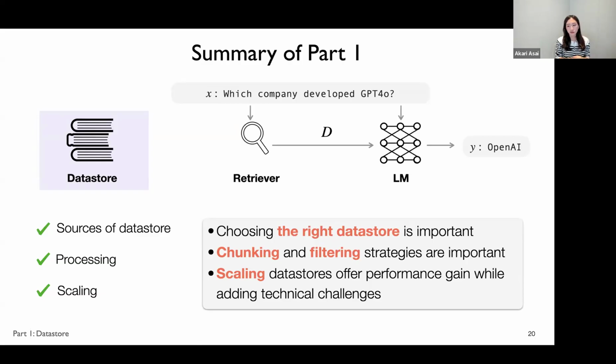But we still don't have a really good retrieval model that can bridge multimodal data. So given a text query, it can retrieve both text documents and image-type data, or given an image, find a text document or other video data, and so on.